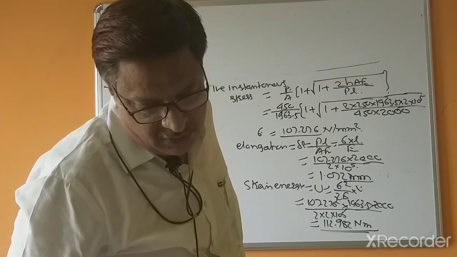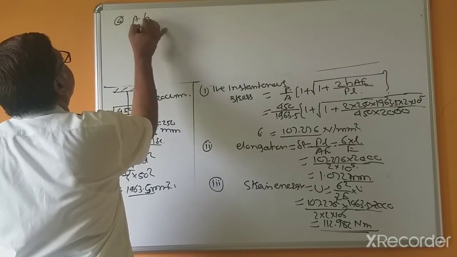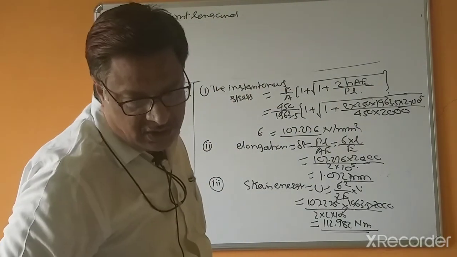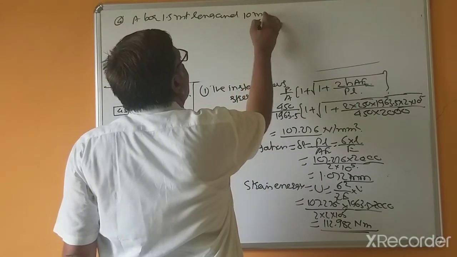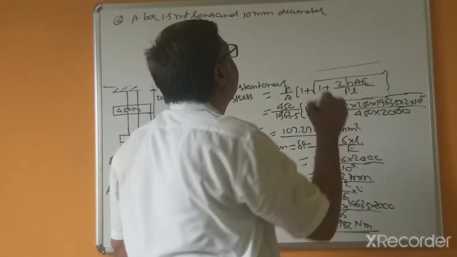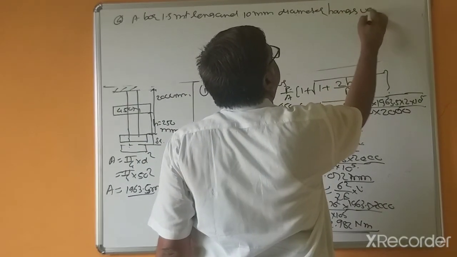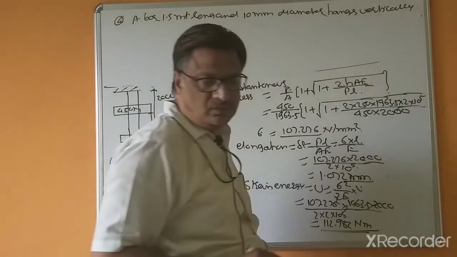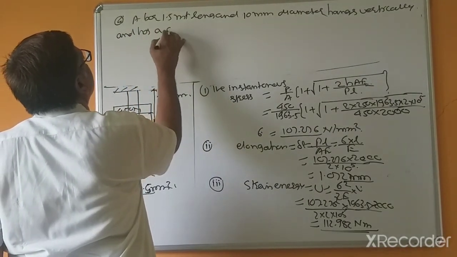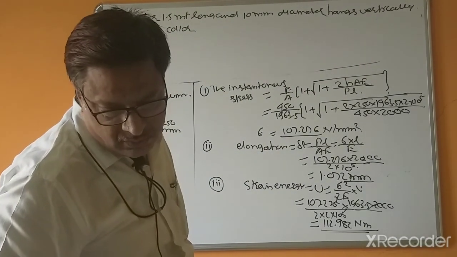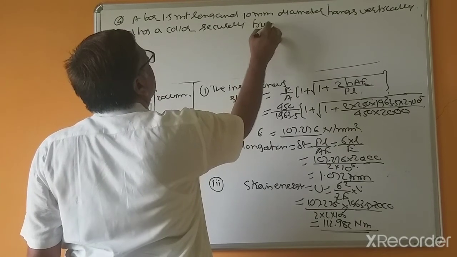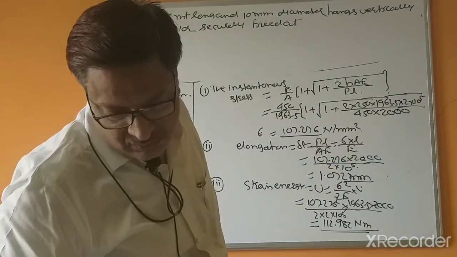A bar 1.5 meter long and 10 mm diameter hangs vertically and has a collar securely fixed at the lower end.